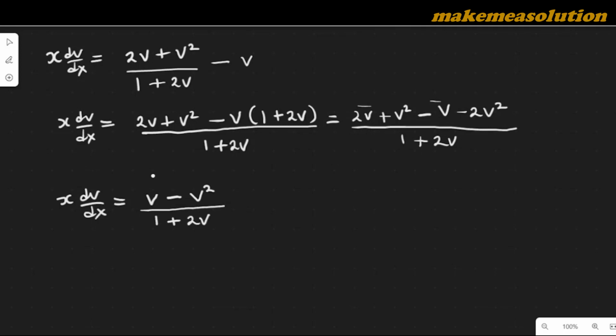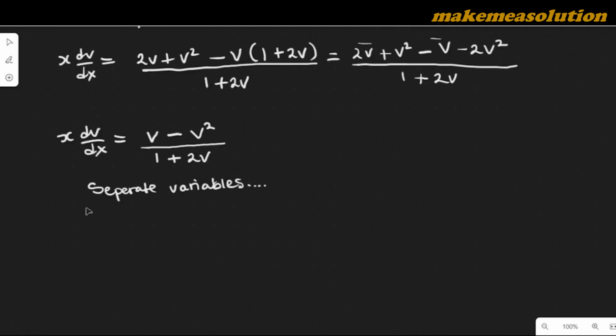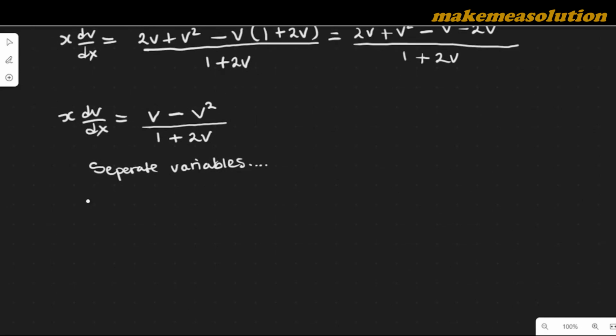So at this point, separate the variables. Here's what we're going to get. Of course, you should have (1 plus 2v) over (v minus v squared) dv is equal to 1 over x dx.